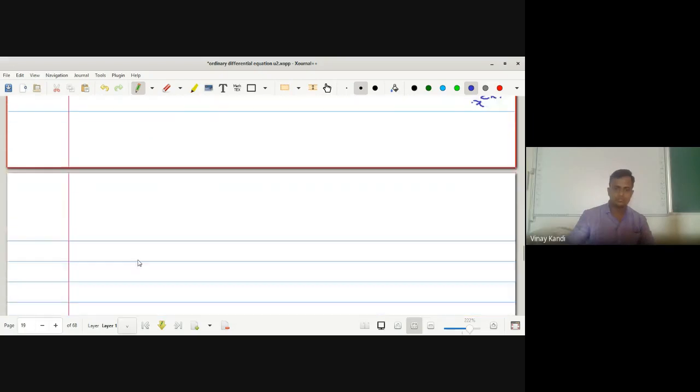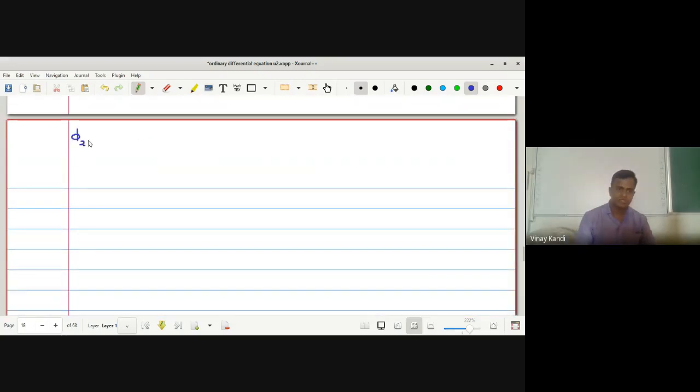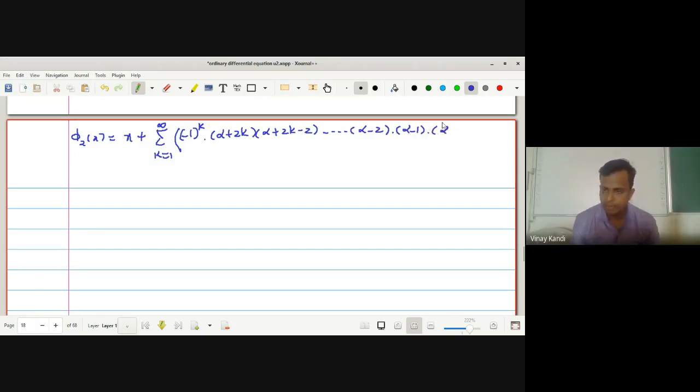And what is phi 2? Phi 2 of x is equal to x plus summation k running from 1 to infinity of (minus 1) raised to k into alpha plus 2k into alpha plus 2k minus 2 and so on, alpha minus 2 into alpha minus 1 into alpha minus 3 and so on up to alpha minus 2k plus 1, divided by (2k plus 1) factorial.